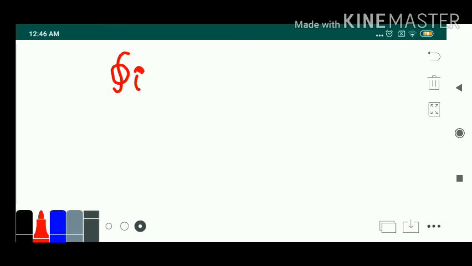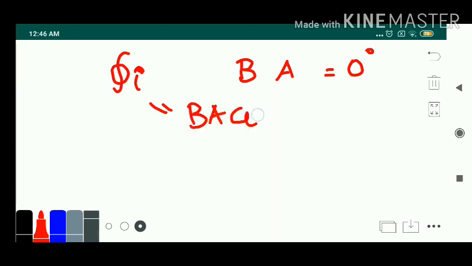Initially it is at rest, so the angle that B is making with the area vector is 0 degrees. It has not yet rotated. So φ initial is equal to BA cos 0 degrees. What is cos 0 degrees? It is 1, so I just write it as BA.